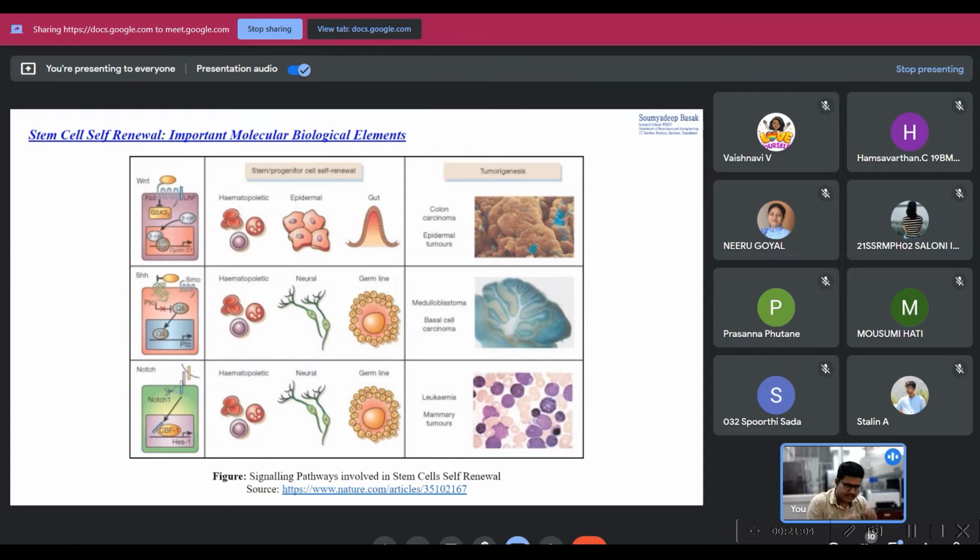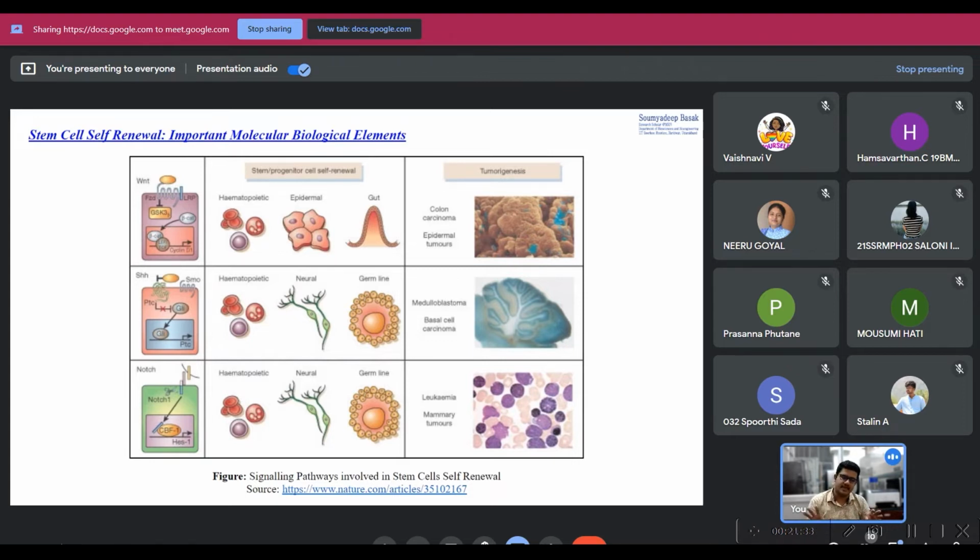There are several reports that suggest the Wnt pathway, the SHH (sonic hedgehog) pathway, and Notch. These three molecular pathways greatly regulate the self-renewal property of stem cells. By regulating elements of these three pathways, stem cell differentiation can be regulated.